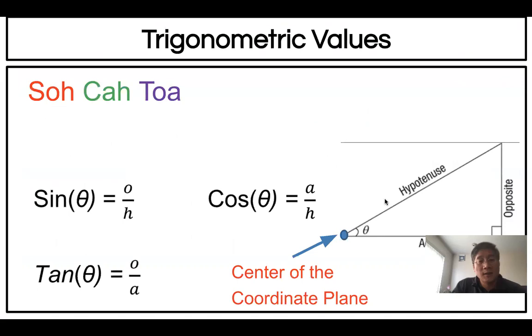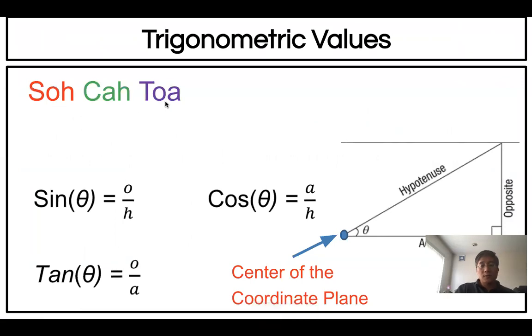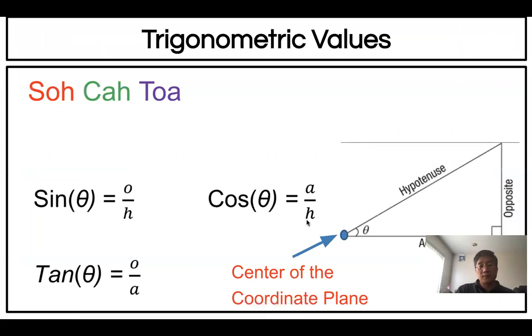So let's review just one more time. Sine, cosine, tangent: SOH CAH TOA. These are the ratios of two sides in the right triangle, right? So you have two sides for each.